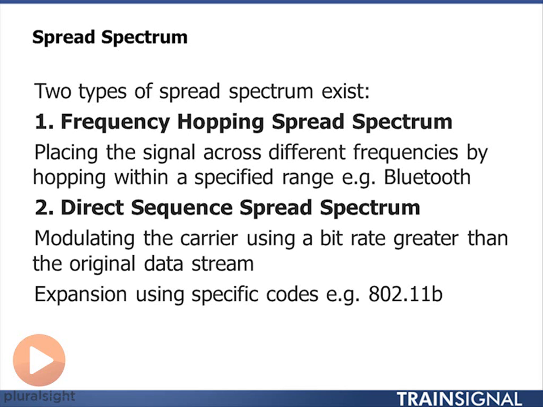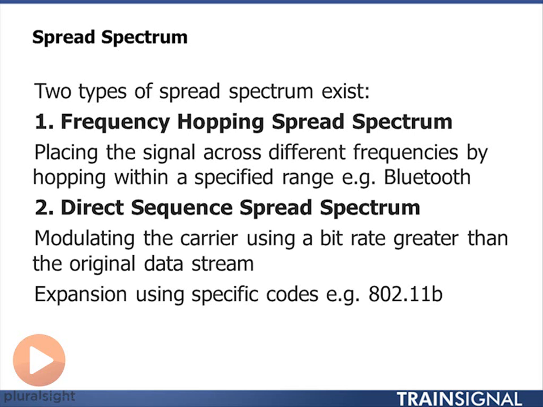Now, frequency hopping, and the name might suggest it, literally hops across a wide band. So it transmits on this frequency for one moment, jumps to another frequency, transmits there, hops to another frequency, transmits there. Now, the pattern that it hops in needs to be known so that the receiving side knows what frequency it should be listening to.